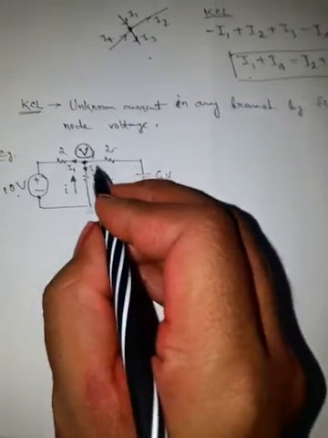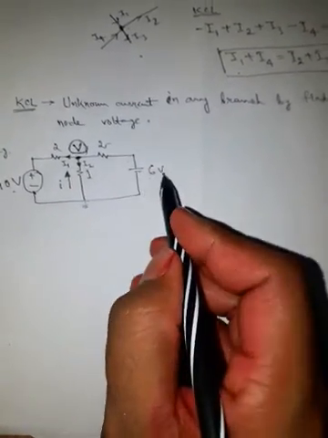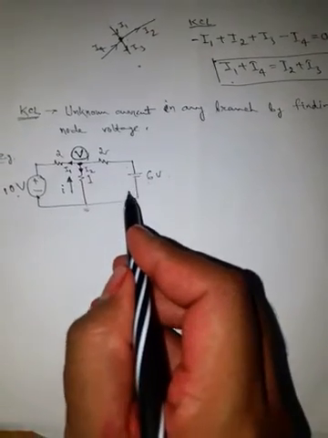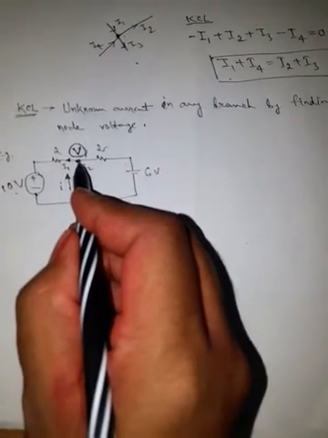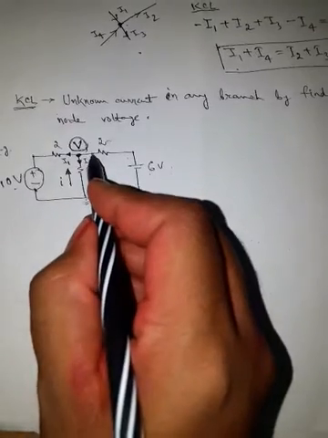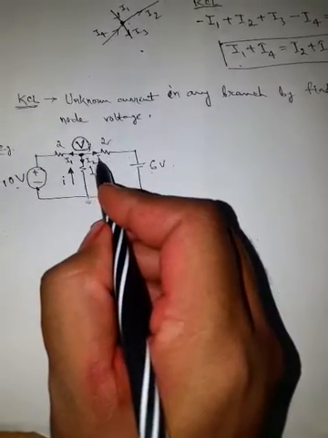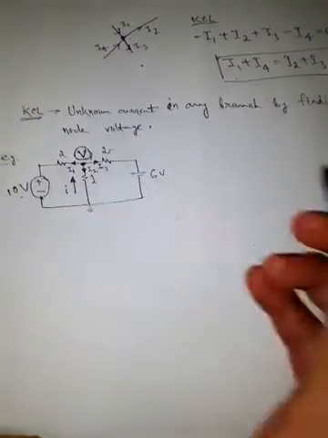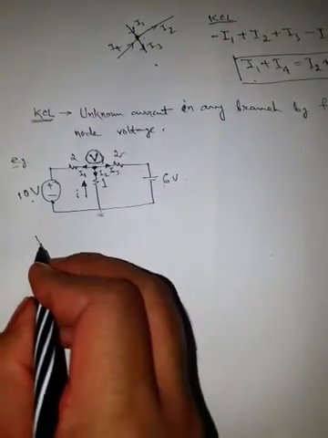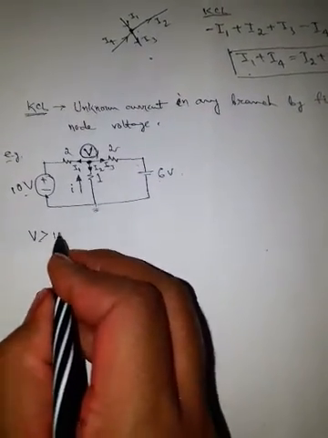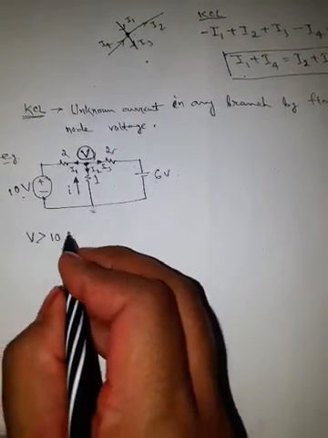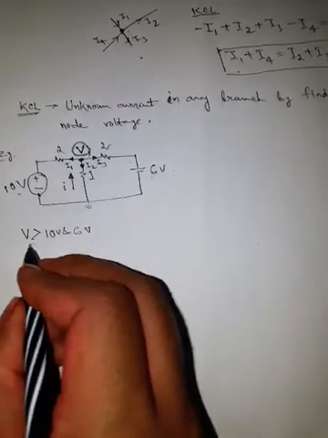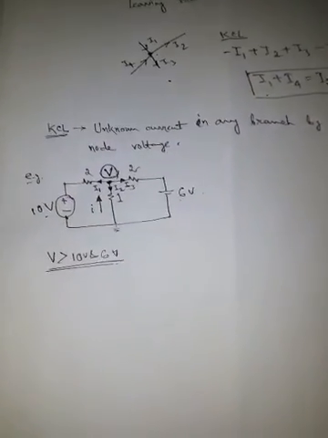Now the third one: as I have taken V greater than 6 volts, V will allow a current to flow in this direction. I will take it as I3. So my condition is V is greater than 10 volt and 6 volt.